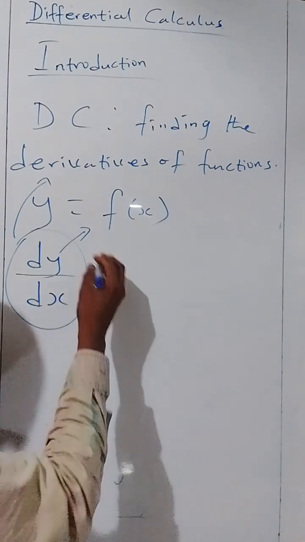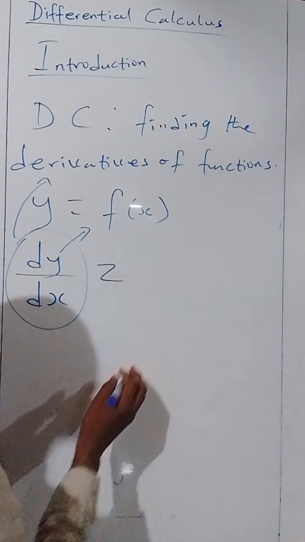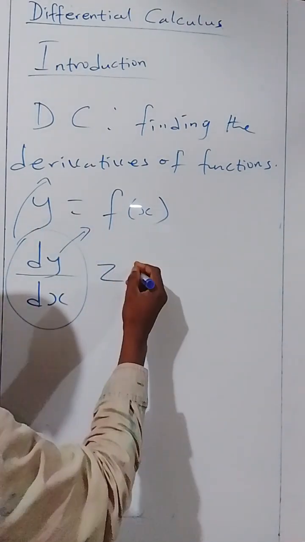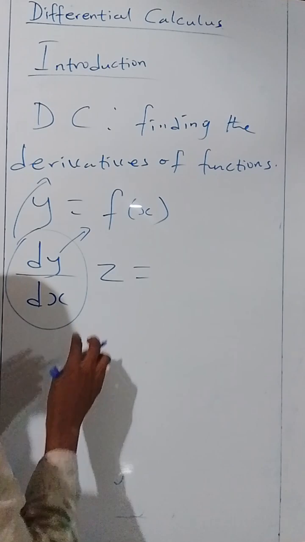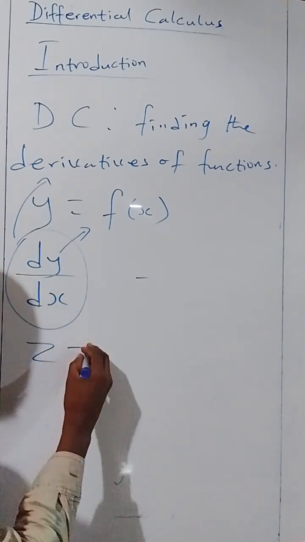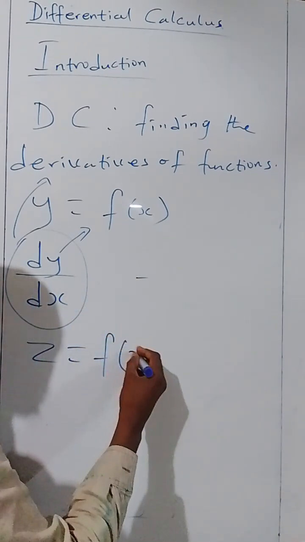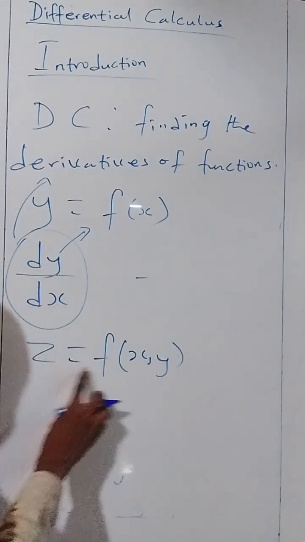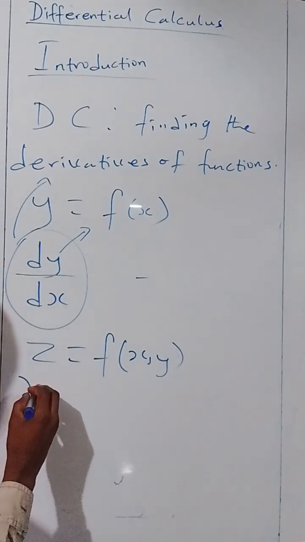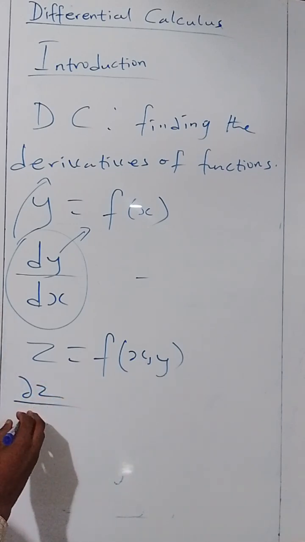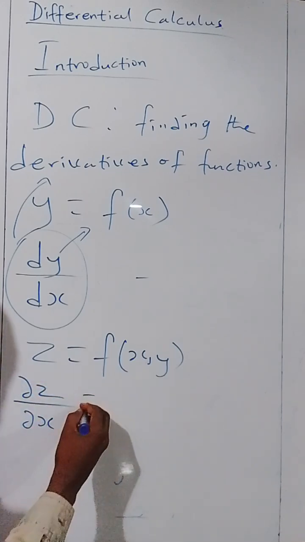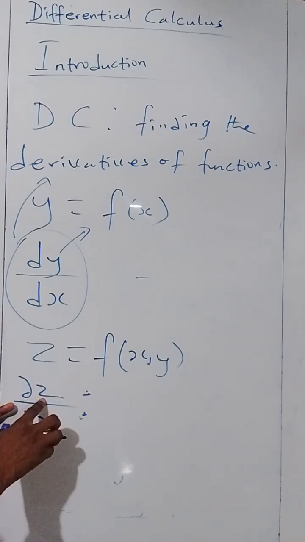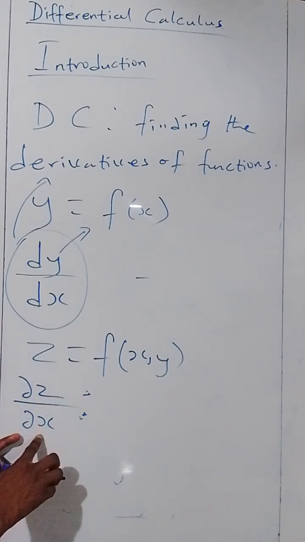Also, if we have a function that contains two independent variables, you can see here we have one dependent variable and one independent variable. Let's say we have z equals f of x and y. So we can find the partial derivatives of this. We have the partial derivative of z with respect to x, which measures the rate of change in z with respect to a unit change in x.